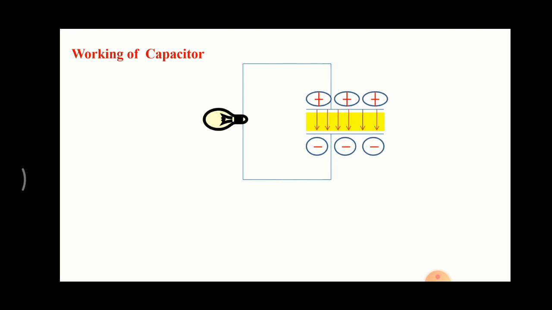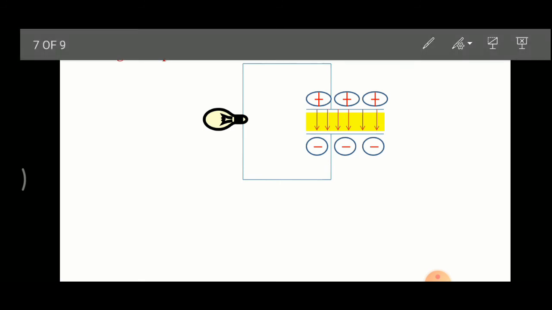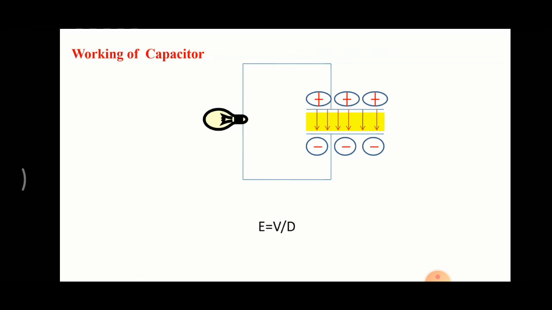So this is how charging and discharging of the capacitor works. The electric field generated in this area is proportional to the voltage and inversely proportional to the distance between the two plates. As the distance between the plates is very small, the electric field is very strong.